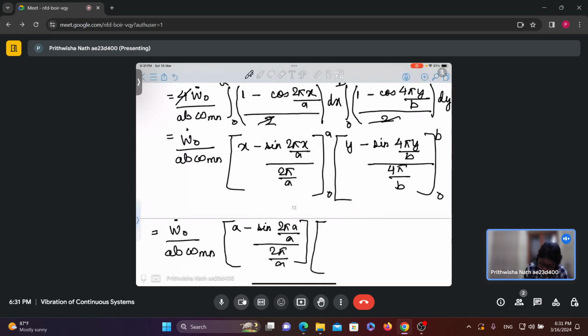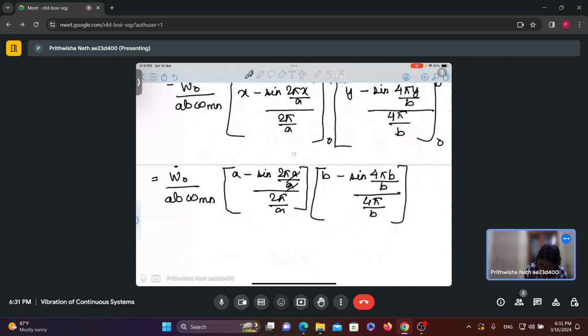Similarly for the y term, it will be b minus sine 4 pi b by b divided by 4 pi by b. So what can I write? Only a and b are left.